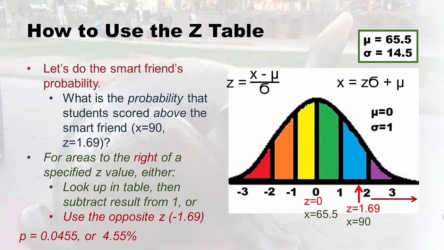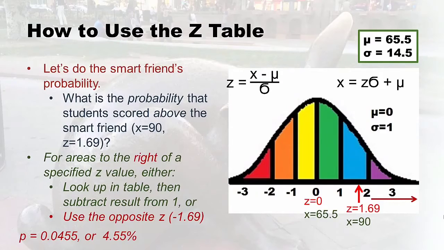I don't mind if you have normal curves drawn over all of your homework or all over the wall, I guess, or maybe a whiteboard. That's probably more efficient. But it's best to draw it out, label on there where your z and your x are, and then just look at it.